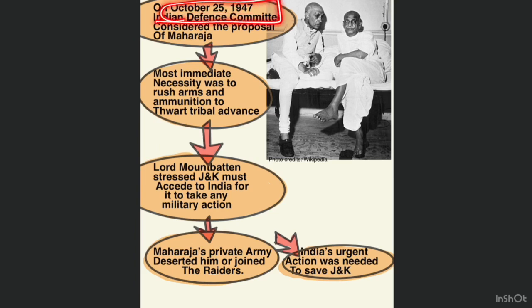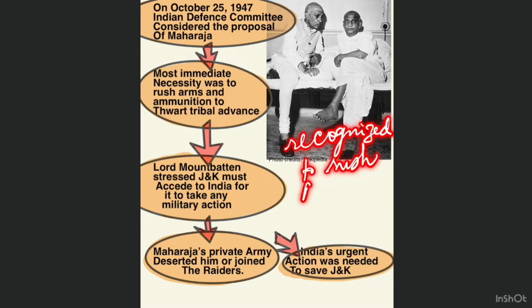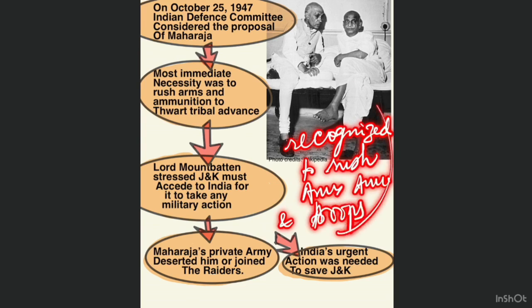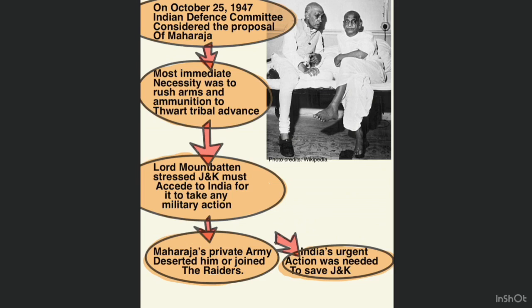The Indian Defence Committee, headed by Pandit Nehru, with Sardar Patel, other leaders, Lord Mountbatten and VP Menon, recognized the importance of rushing arms, ammunition and troops into Srinagar, to the valley, to thwart the tribal advance. But there was a challenge here.